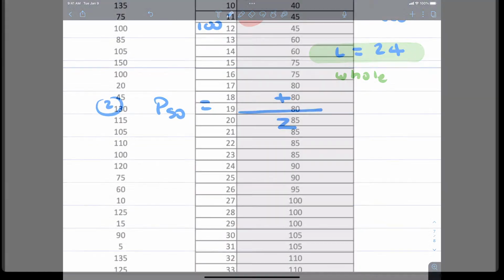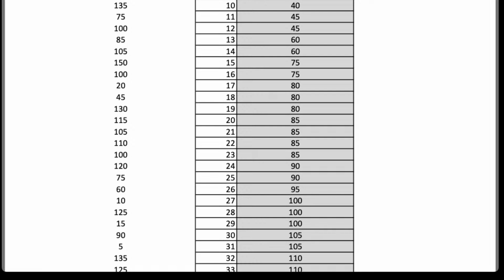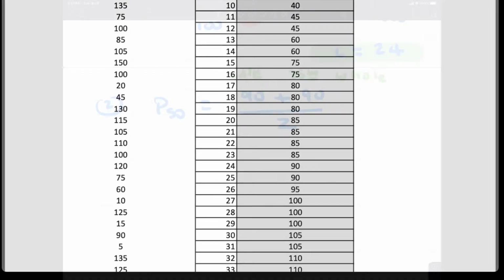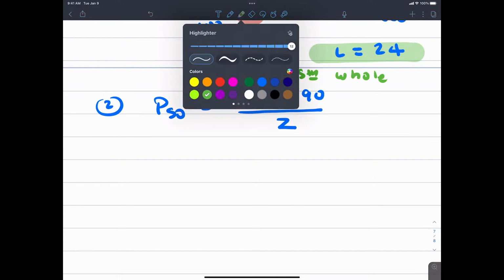So if you remember what I was doing is I was showing you guys this. What's the 24th data value? 90? Okay. What's the 25th? The next one. 90. Okay. So when it's a whole number, you need the 24th and the next one. Is that right? So this is what I'm saying here.